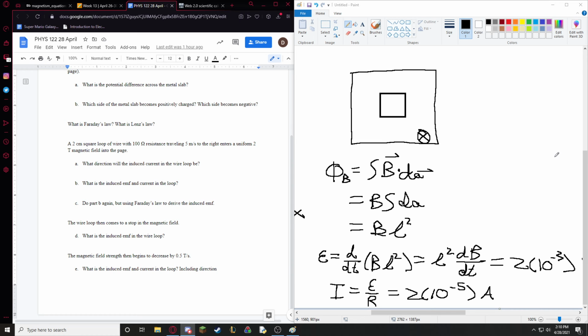You're doing something interesting. Because the easiest way I'd say to do it is, change in flux is out of the page. Point your thumb in the opposite direction, into the page. What direction do your fingers curl? Clockwise. Right. But what you're doing is trying to do some sort of a magnetic force calculation on each part of the wire.